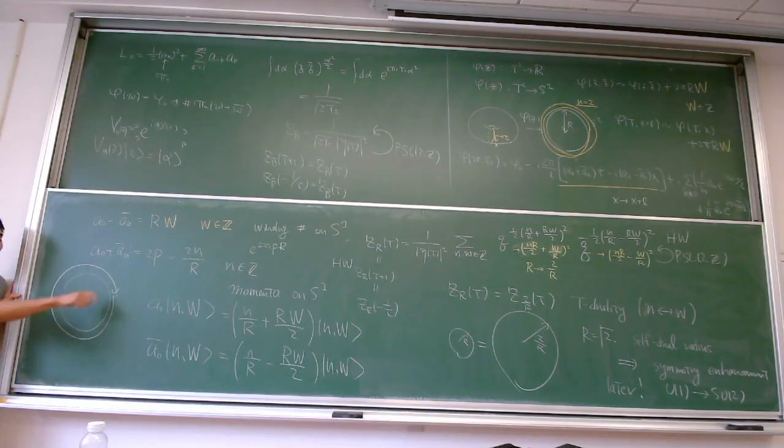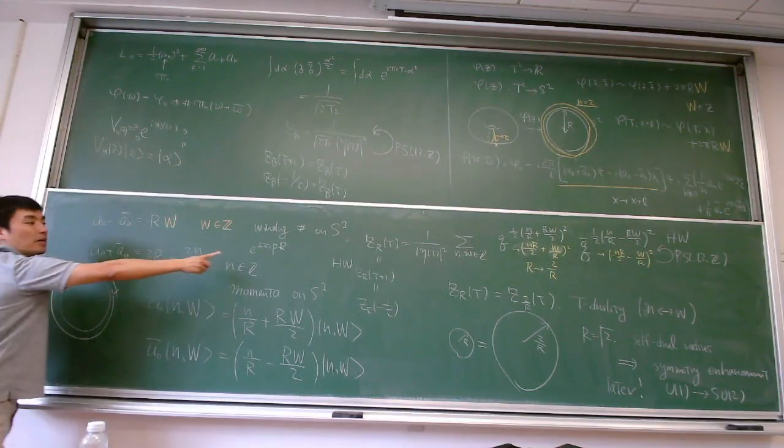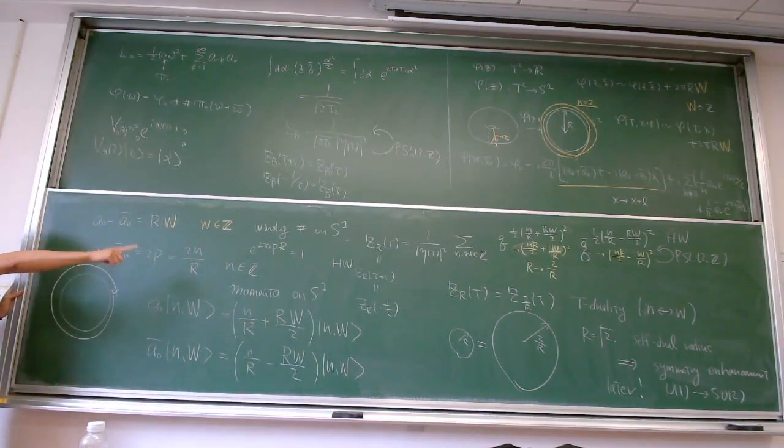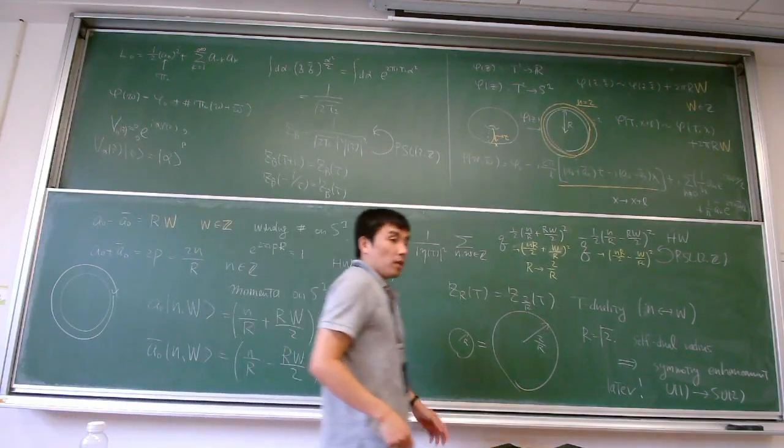So it should be the same; I mean, the translation by p should become the identity. So p should be quantized by n over R. Any other questions?